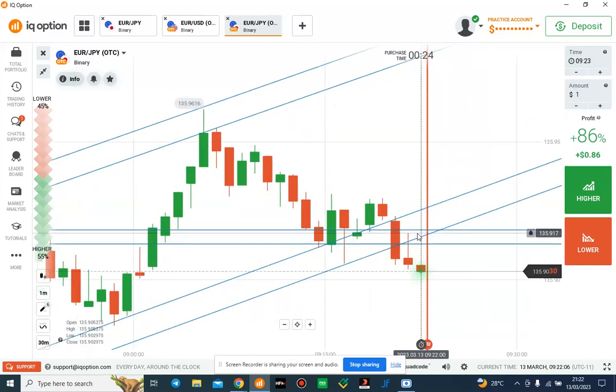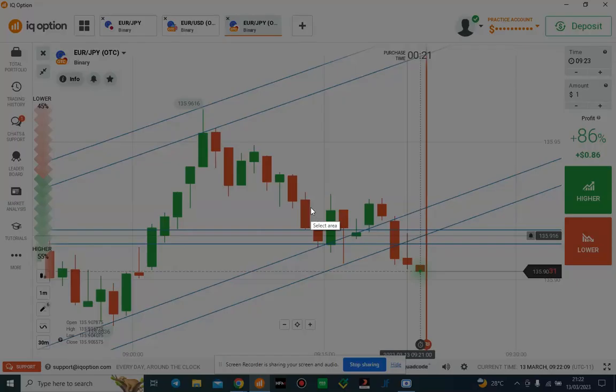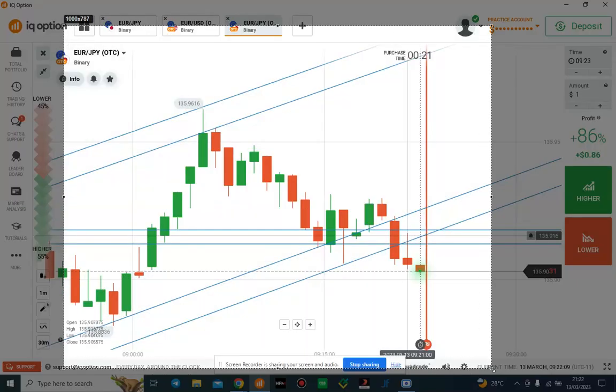Okay, as you can see, buyers decided to enter but close inside the horizontal and also the trend line resistance. Okay, after there's a clean breakout of the support trend line, I knew sellers will enter, but the buyers decided to enter.